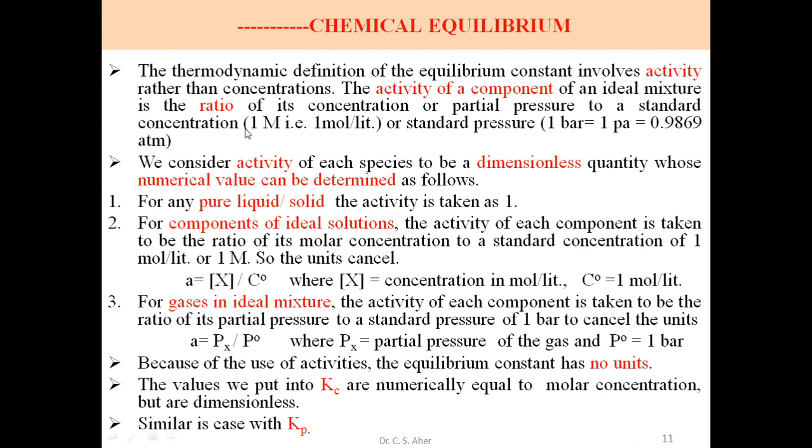So what is activity? Suppose we call the activity A. It is the ratio of the actual concentration divided by 1 molar concentration. If the component is gaseous, then it is its partial pressure divided by the standard pressure. We consider the activity of each species to be a dimensionless quantity whose numerical value can be determined as follows.